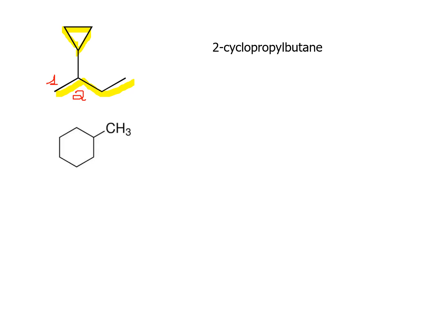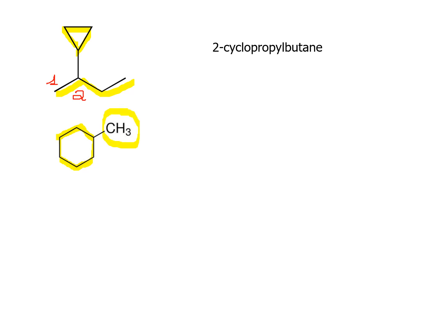But more often than not, and this is the type of question you will get in the exam, the ring that we have is going to be the bigger part of the molecule. Therefore, the naming is going to consider this the main chain, and the CH3 is going to be the branch.